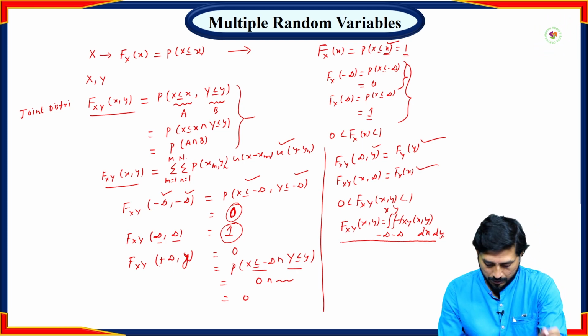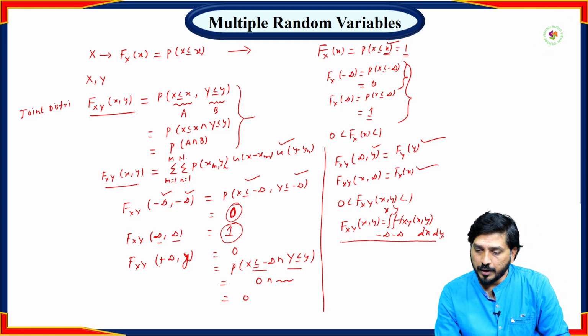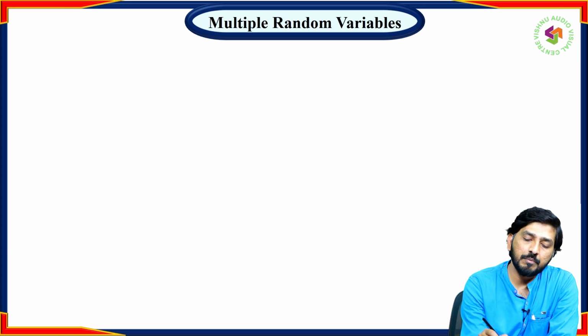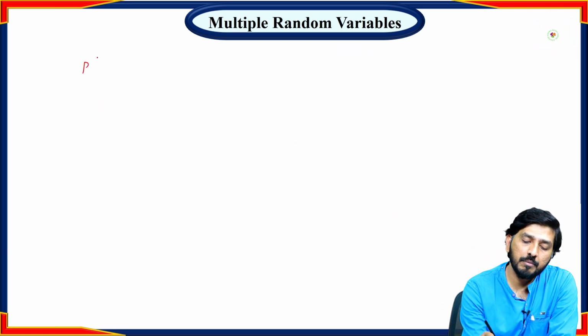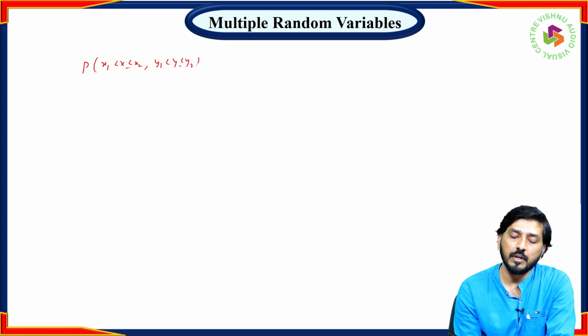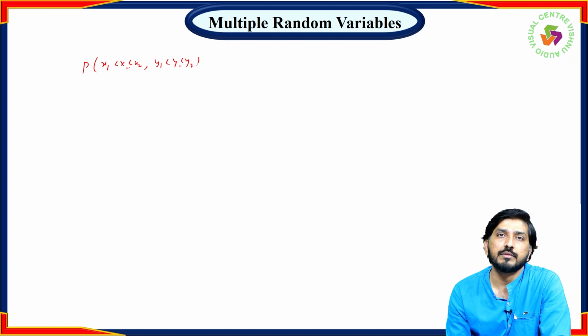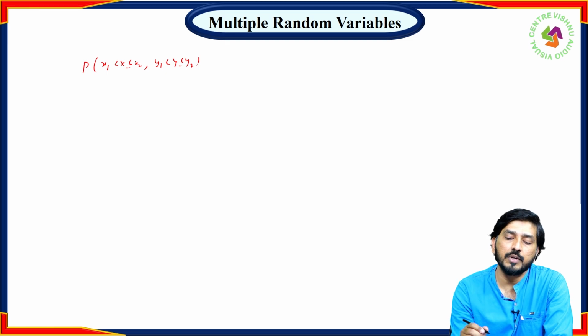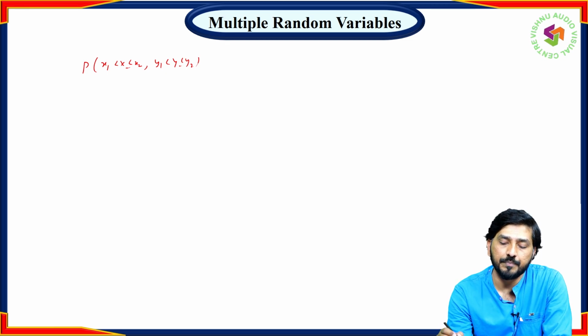Then we will move on to another property. Suppose you want to find the probability of x1 less than x less than or equal to x2 and another event y1 less than y less than or equal to y2. We have seen this formula also in the case of a single random variable. Here x1, x2 and y1, y2 are the limits.